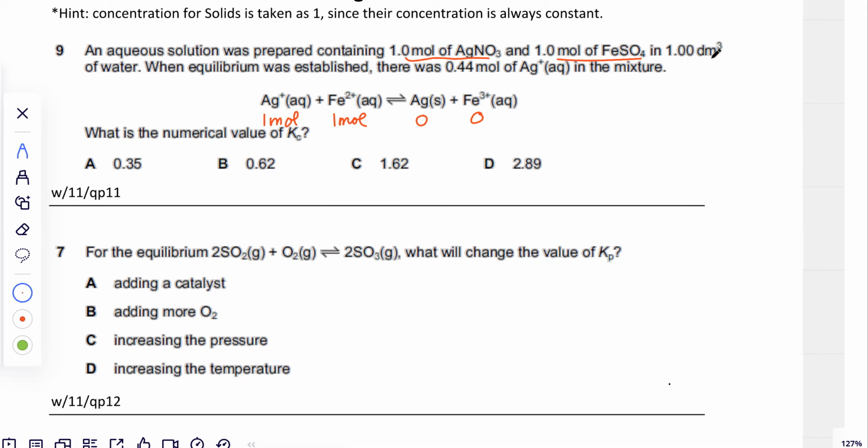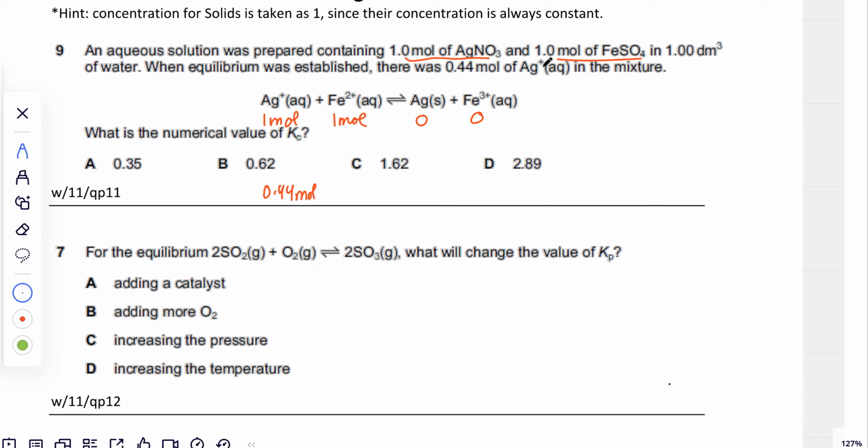And then he says that equilibrium was established. So there's going to be a forward reaction and a backward reaction. Eventually the reactions continue, and after some time there's going to be equilibrium. And he now says that at equilibrium, there's 0.44 moles of Ag plus.